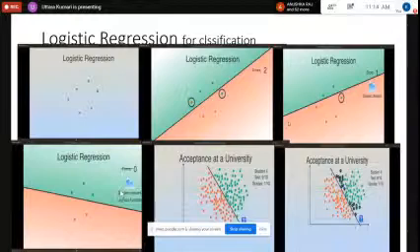If the log loss function is not minimum, it goes again to steepest descent, or stochastic gradient descent, updates the weights, and the iterations continue. So this is the whole process of the structure.